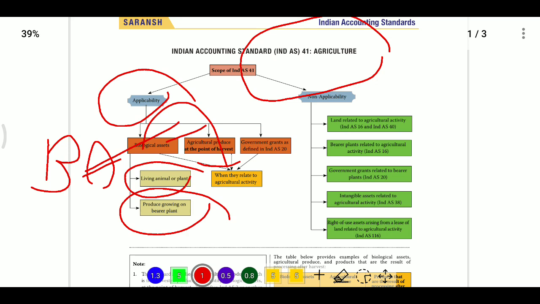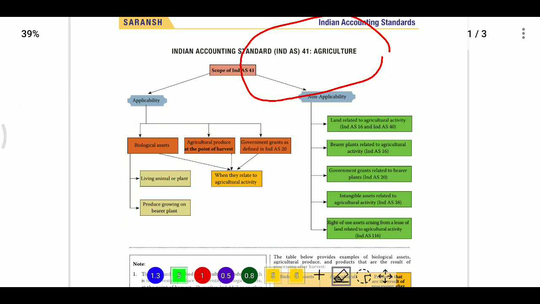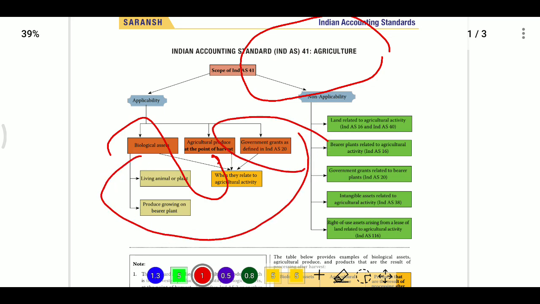If we take animals, like buffalo or cow, that buffalo's milk or cow's milk, or the wool of the sheep, or cotton from cotton plants, the output from this biological asset will become the agriculture produce. And after that, government grant on this biological asset. This is the main core area.